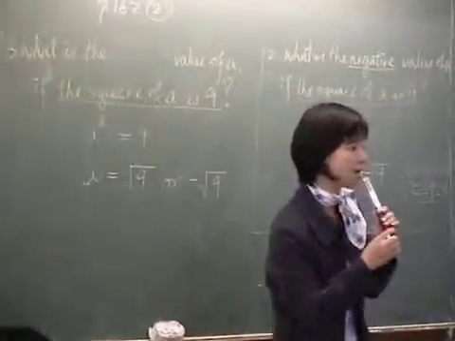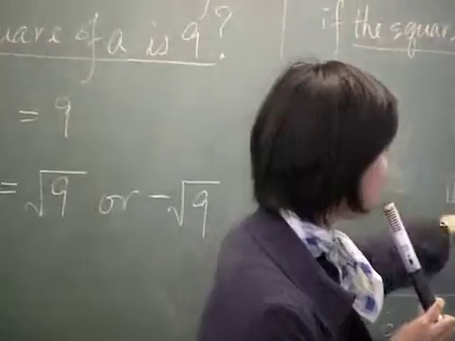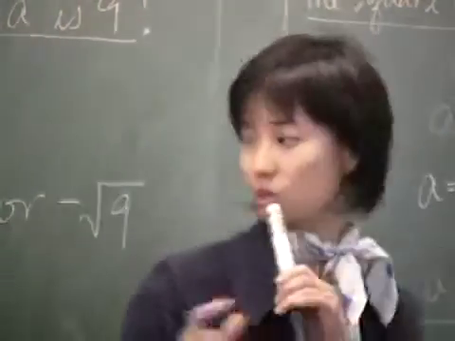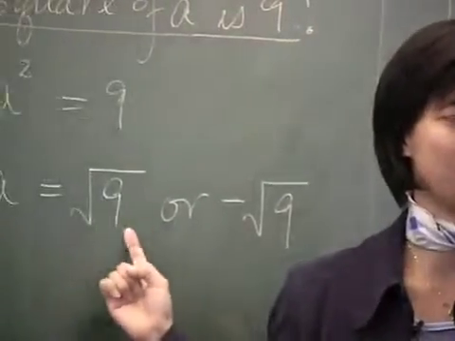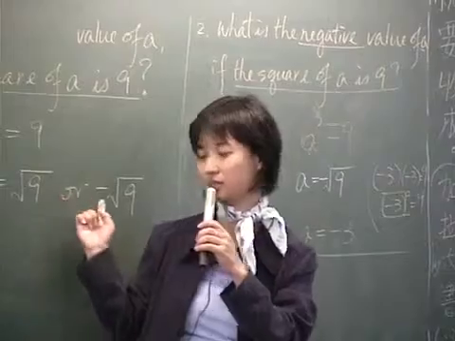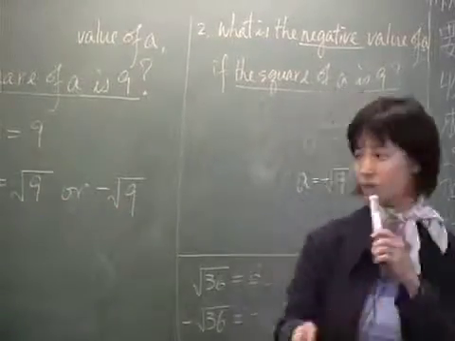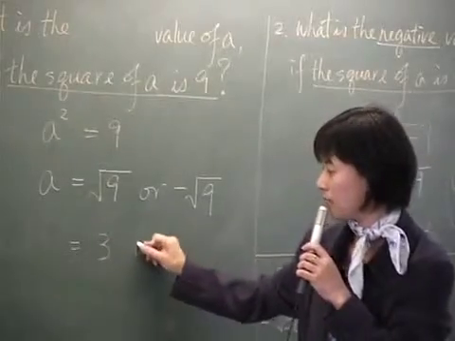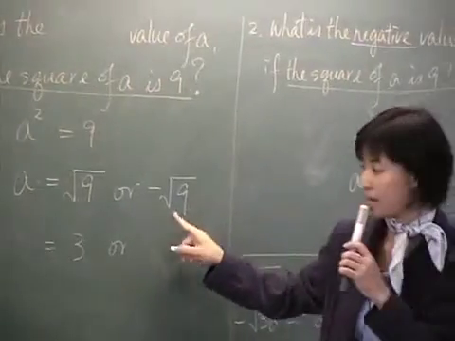So you just combine the two questions. Before, if it is positive, then it is the positive square root of 9. And then for this one, you want to find a negative, so there is a negative sign. It's the same. In this case, you can find the answer. This equals 3, and this equals negative 3.